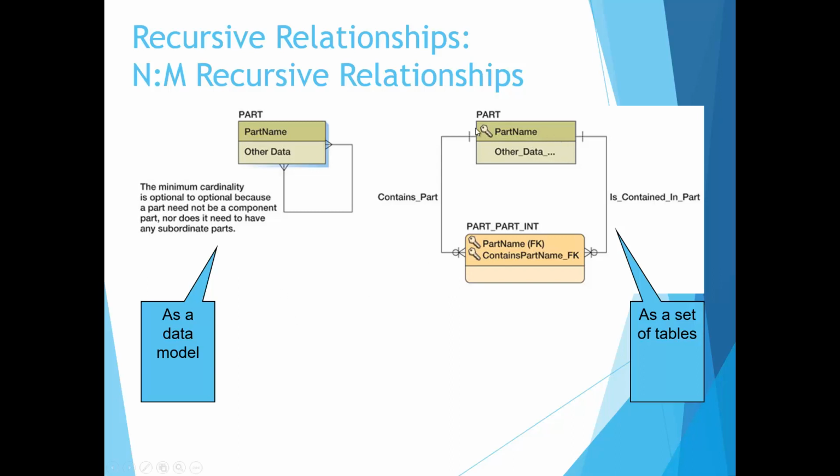So either this part contains this part, or this part will be contained in another part, and that's why we have again this kind of many-to-many recursive relationship.